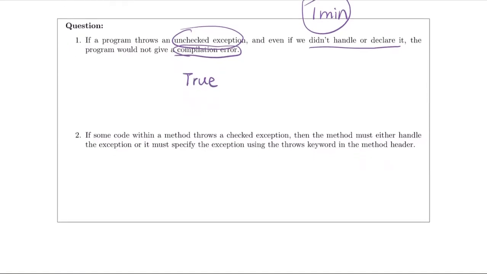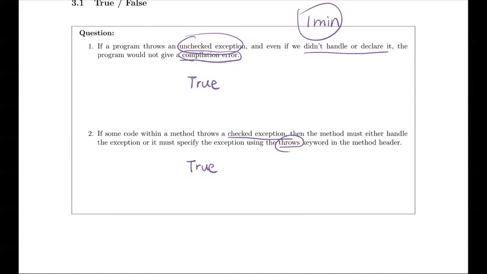The second part is: if some code within a method throws a checked exception, then the method must either handle the exception or specify the exception using the throws keyword in the method header. This is also true because the checked exception is checked during compilation time. So you must explicitly tell the Java compiler how to handle this case of exceptions.